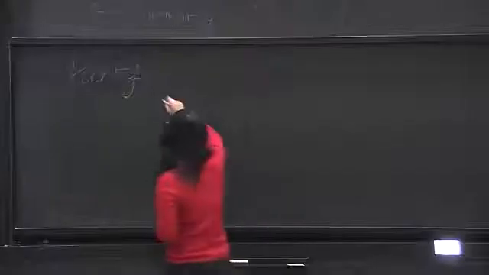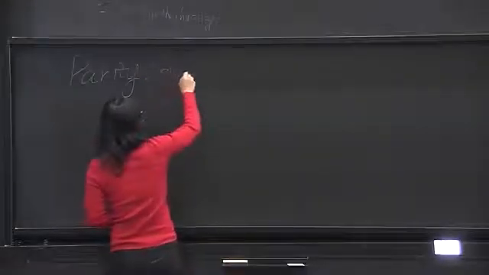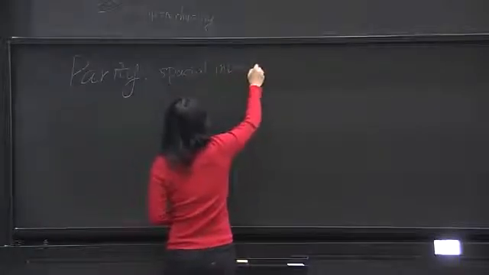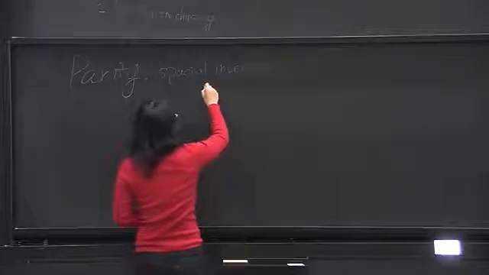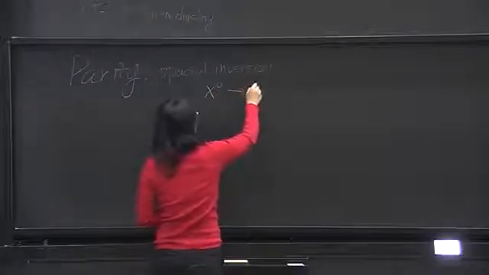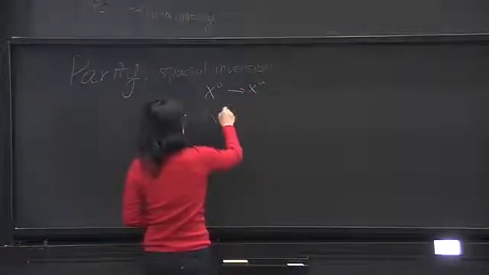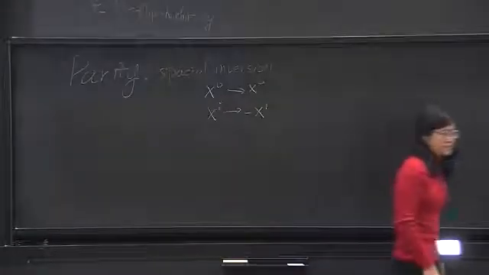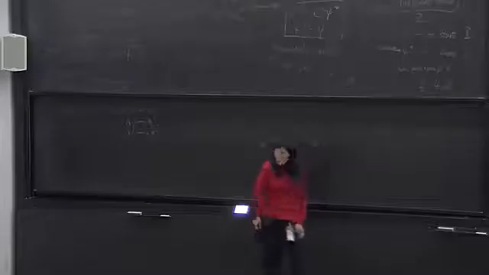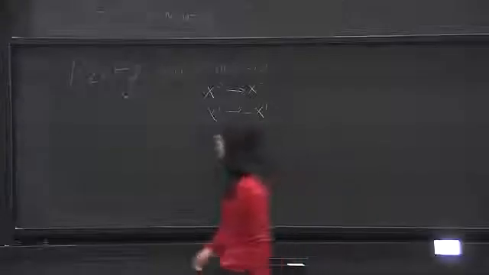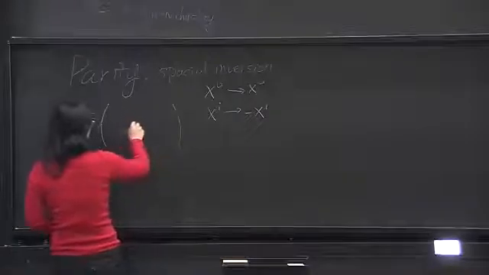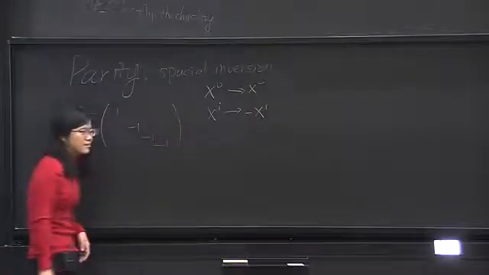So parity has a more friendly name. It's called a spatial inversion. So it's exactly what it sounds like. It says in your time direction, nothing changes. In the spatial directions, you flip sign. So this, you can also, of course, write down in terms of our Lorentz transformation, and it reads like this.